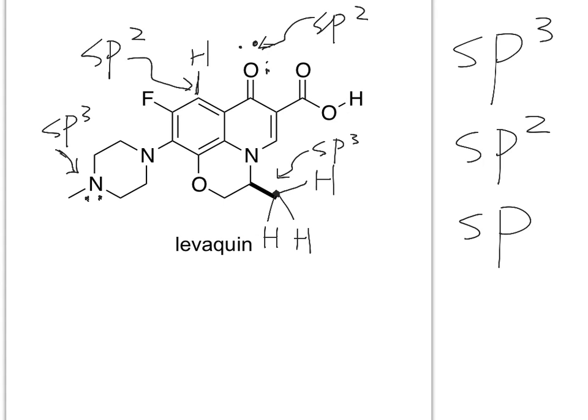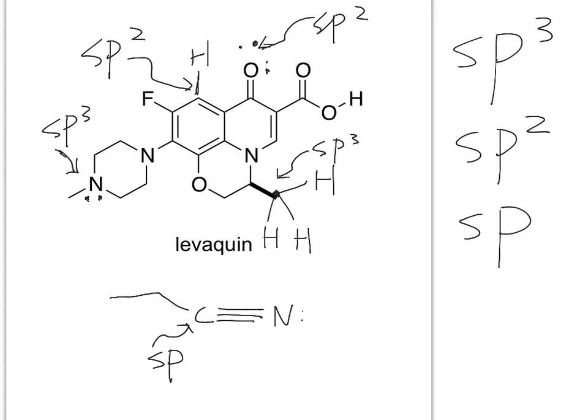And for a random molecule like this, some kind of nitrile compound, over here the carbon adopts sp hybridization because the carbon has 2 sigma bonds.